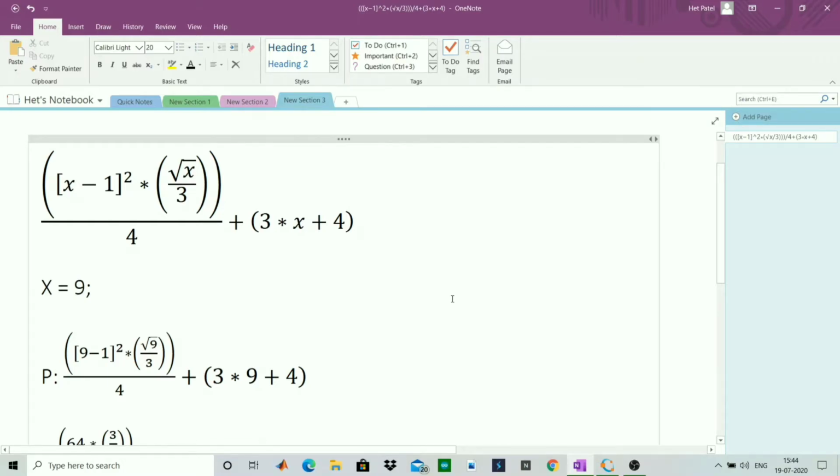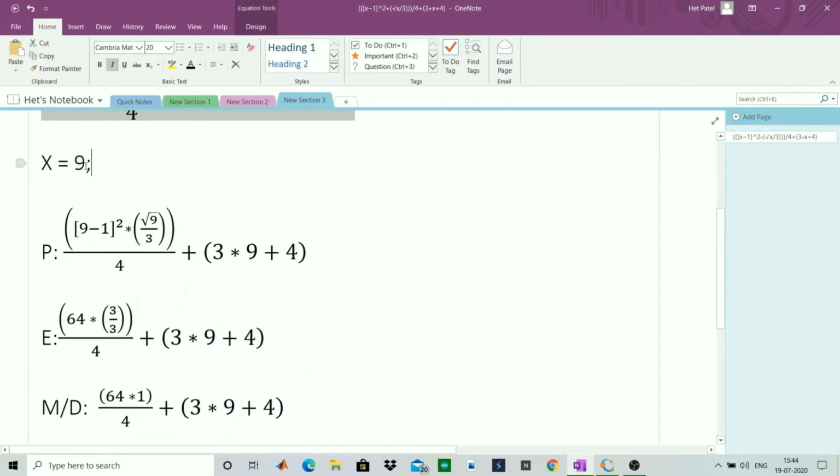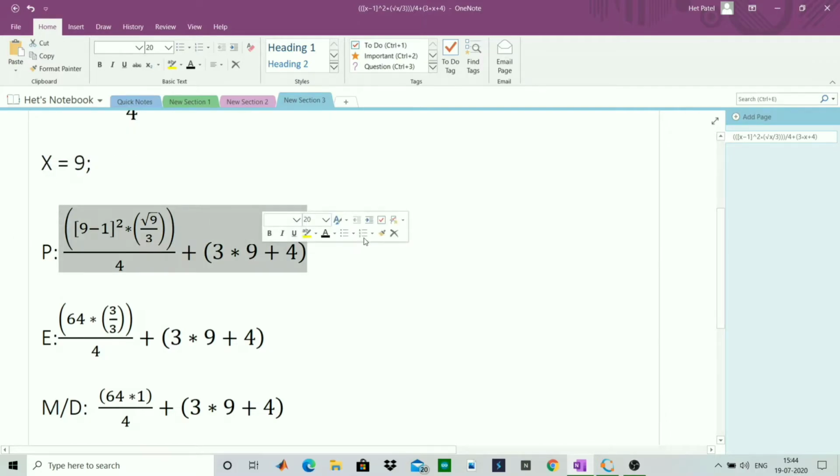So we'll do a handwritten form of calculation. This is the expression that we are expected to calculate, where x is equal to 9. First we'll solve for parentheses. In parentheses, we see that there is a parenthesis inside a parenthesis. That means there is an outer parenthesis, then inner parentheses where x minus 1 is embedded.